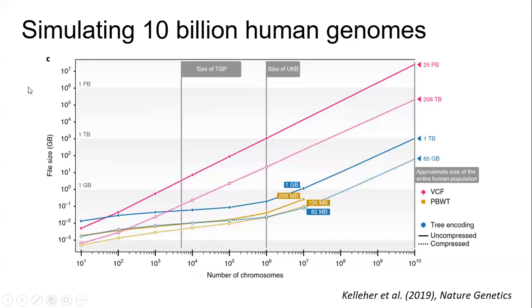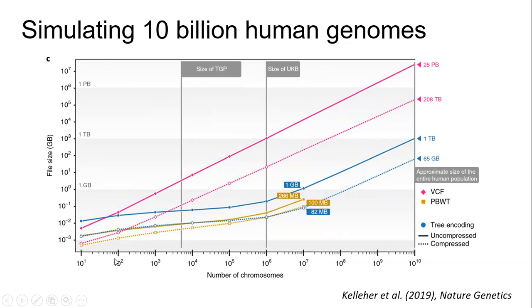So what this plot is showing is how much storage space you'd need to store a simulated genome of every human on the planet. So 10 billion complete human genomes. So the pink line, the solid line, is what we'd need if we're storing the data in a traditional matrix, where the rows are individuals and the columns are variants.